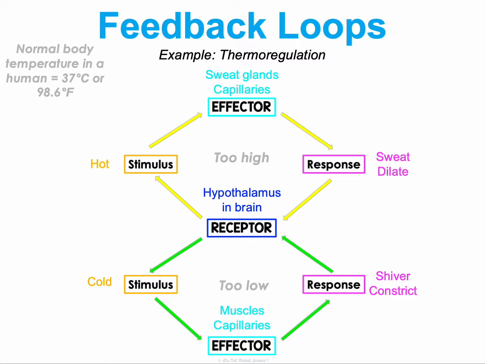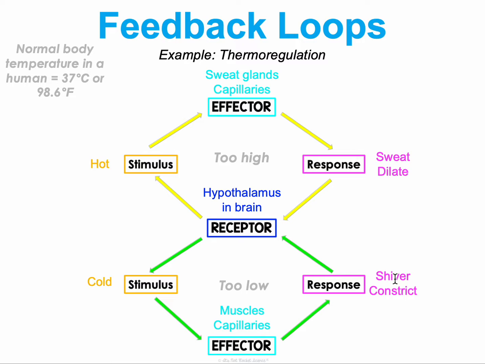If it's too low, the hypothalamus, again, is the receptor organ, but it's going to receive the signal that your body temperature is below its normal range, so you're cold. And this cold is a stimulus that is going to initiate an action in the effector organs, which could be your muscles or your capillaries. So instead of sweat glands and capillaries when we're too hot, if we're too cold, it's going to be muscles and capillaries. Think about when you're cold, what your body normally does: you will usually shiver.